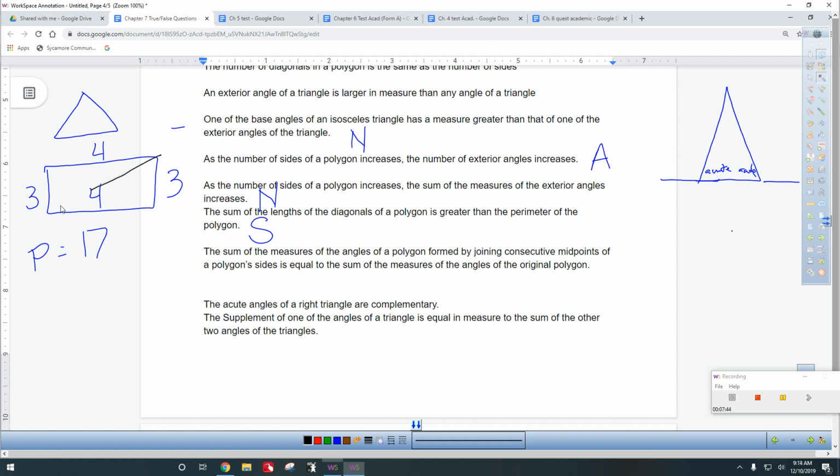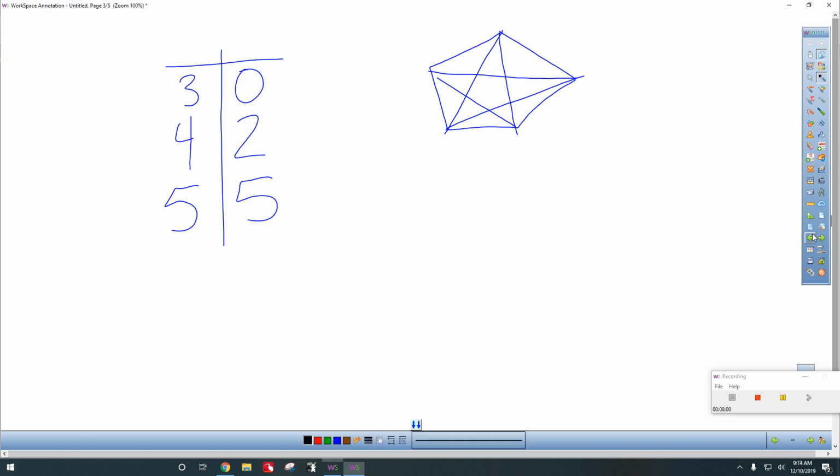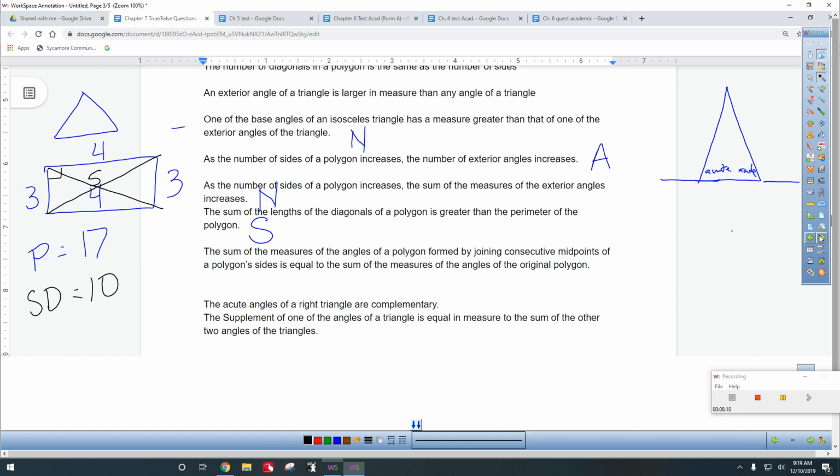Using Pythagorean theorem, I could do 3 squared plus 4 squared equals 5 squared. I end up getting 5. That's the most famous triangle in the world. Those diagonals are 5. So the sum of the diagonals is 10. So it doesn't work for that one. But if you look at, I don't know, look at this one. This is probably going to be more. And if you get into like a 6-sided figure, you're going to have like, I think 10 diagonals. And it's going to be way more. So this one is sometimes.